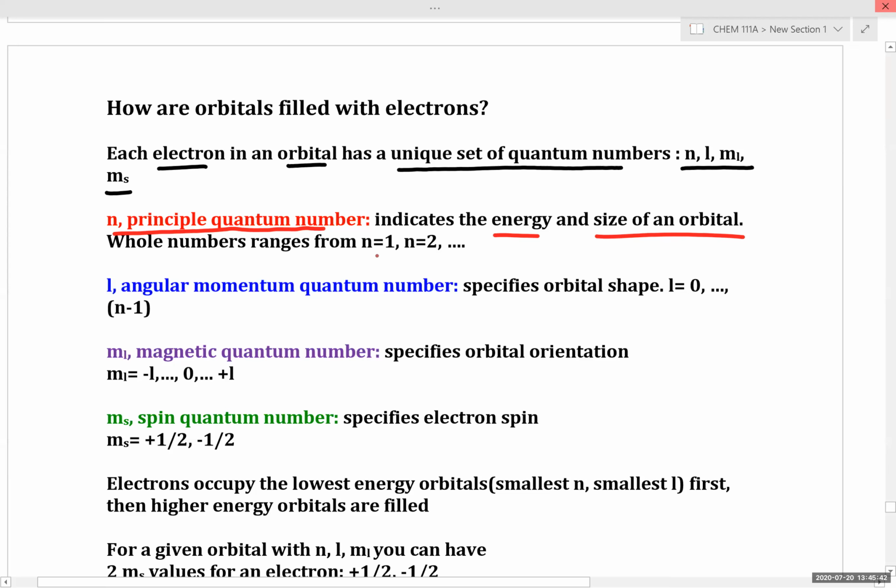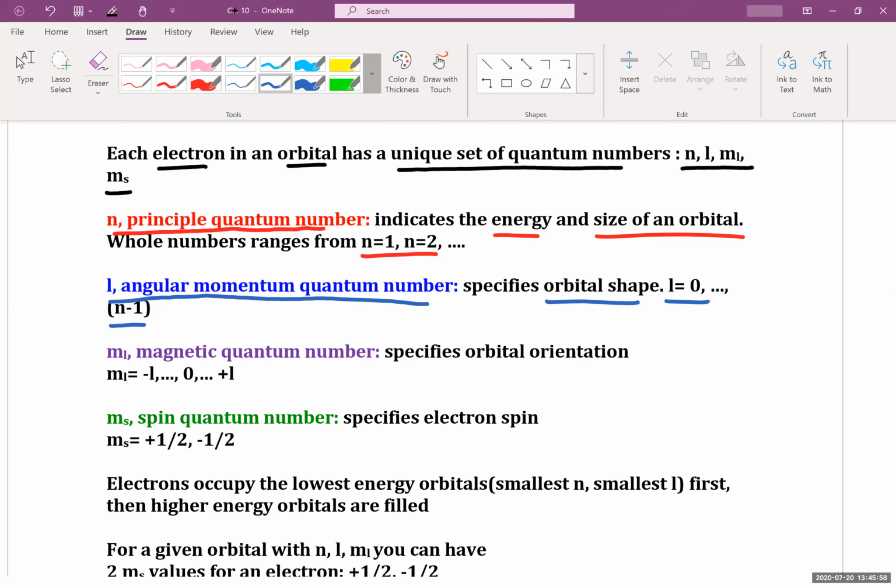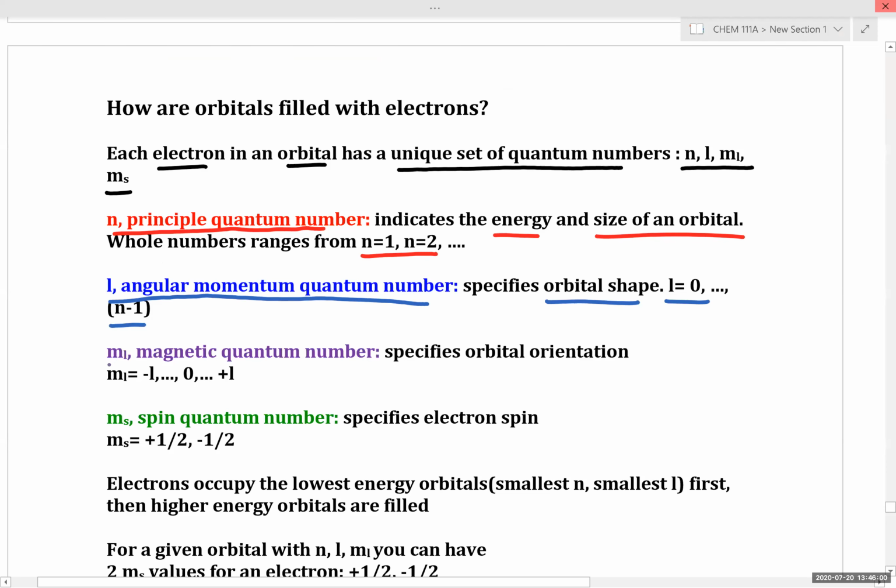It has whole numbers that range from 1, 2 to very large numbers. l is the angular momentum quantum number, which specifies orbital shape. l can range from 0 to n-1. ml is the magnetic quantum number, which describes the specific orbital orientation, and ml ranges from -l to 0 to +l.